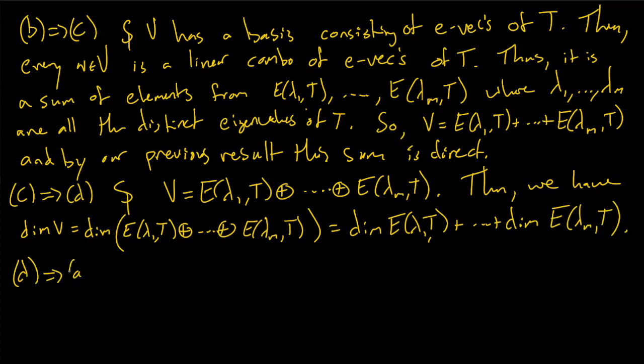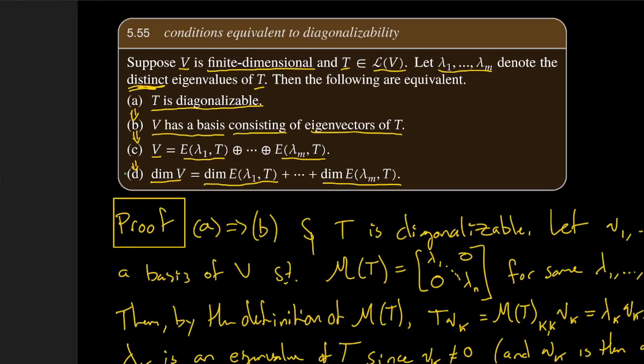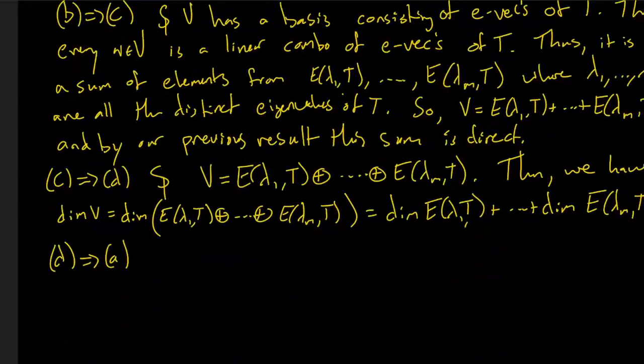Now let's do D implies A. This is the only hard part of this. So we've got C implies D, and now we're going to wrap around here and do D implies A. And just by following the path, we've now proved that all of these are equivalent. So we're going to suppose that the dimension of V is the sum of the dimensions of the eigenspaces corresponding to distinct eigenvalues of T. And then we're going to show that means that T is diagonalizable.